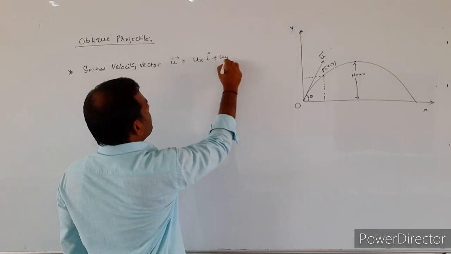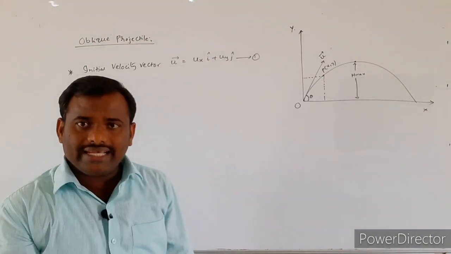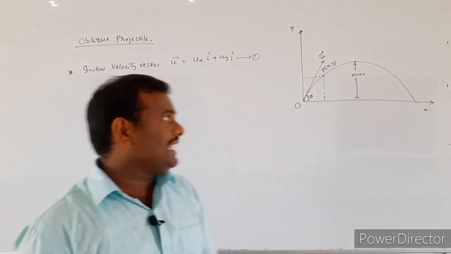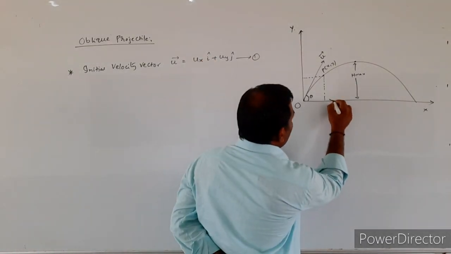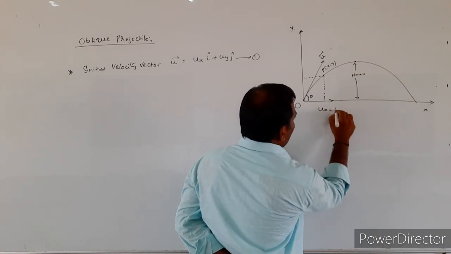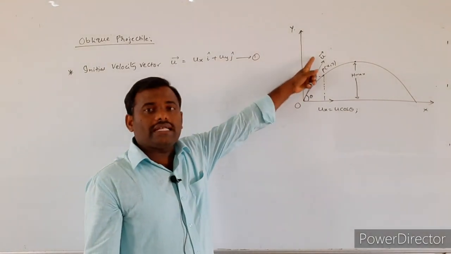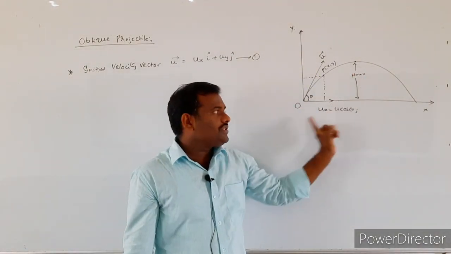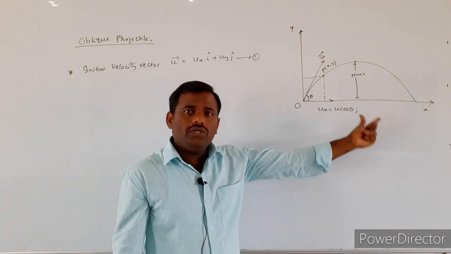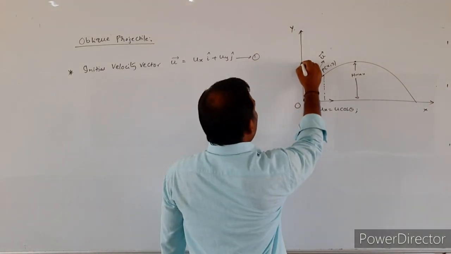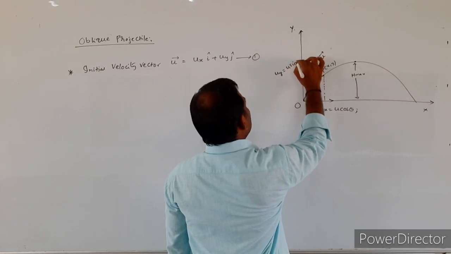One component is present along the x-axis, and the other component is present along the y-axis. The horizontal component of the initial velocity vector, which is along the x-axis, is given by ux is equal to u cos theta.